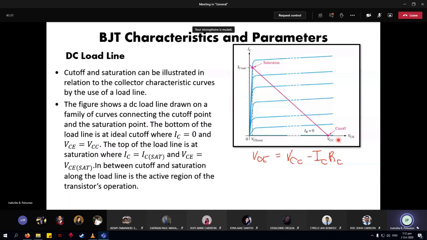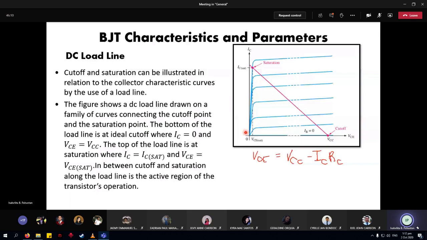The x-intercept is that point on the x-axis wherein y is equal to 0. Y is your IC, and the x-axis is the VCE axis. The y-axis in this case is the IC axis. If you associate it with y equals mx plus b in geometry, you can get the y-intercept and the x-intercept.